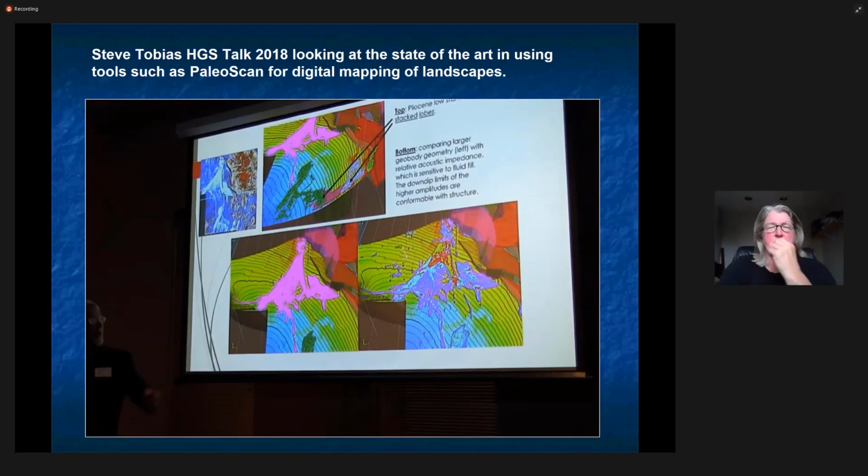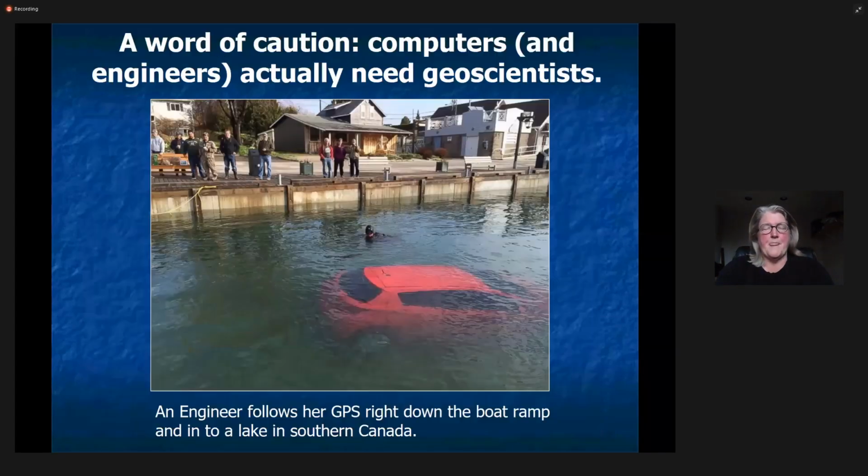Now, that's what's important here, is that anything digital can go very, very wrong if it doesn't have what I call the hand of God, or guidance of the process, right? A word of caution would be that computers and engineers actually need geoscientists, because if you defocus to the point where you don't put some truth into what you're doing, you can very rapidly go off an off-ramp that you really don't want to be going off of.